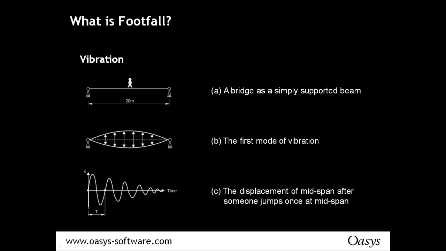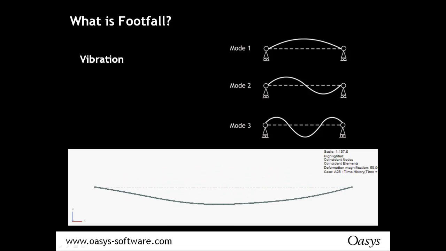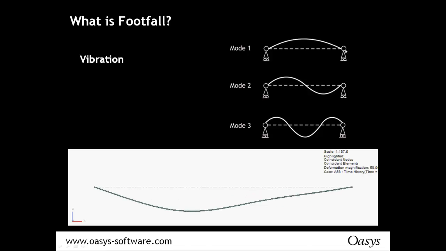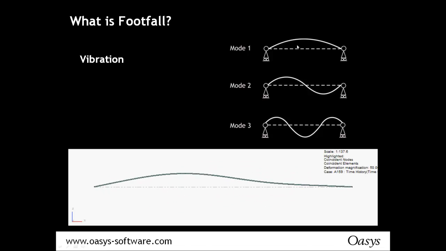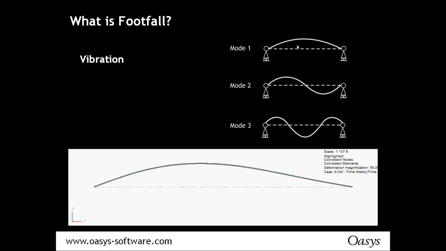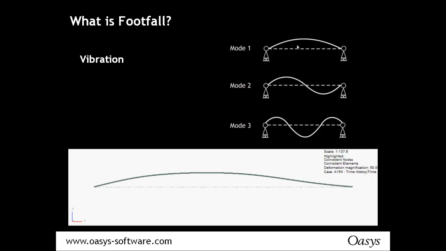Now there is more than one vibration mode. The first vibration mode, the whole bridge, the whole beam, whatever, moving, but you also get higher frequency vibration modes occurring at the same time. The diagrams are modes 1, 2 and 3.